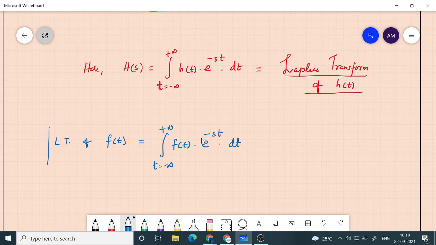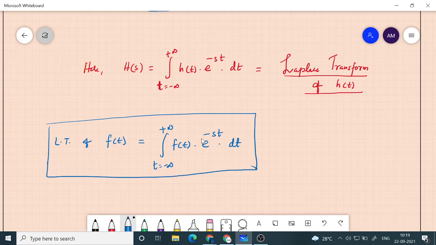of f of t. So if any function is given, we can do this operation and we will get a function of s, and that is usually represented by capital F. Okay, if you are taking f of t, then we will take F of s.